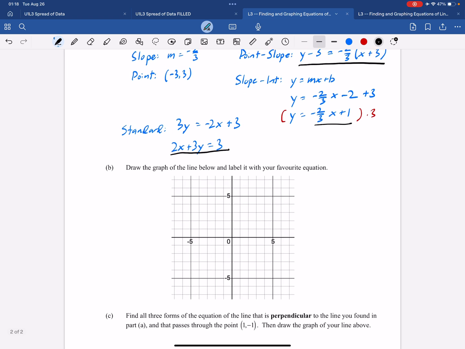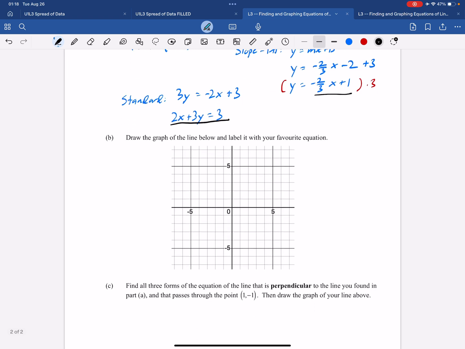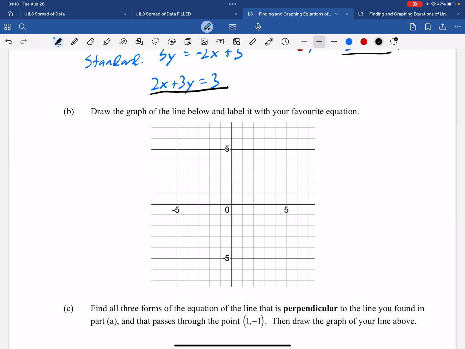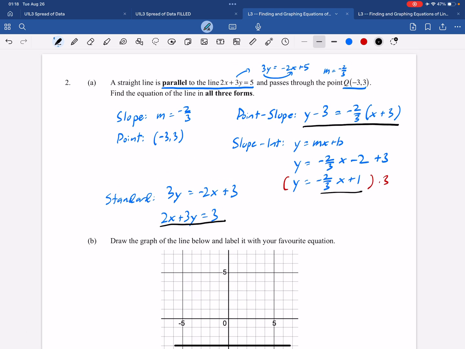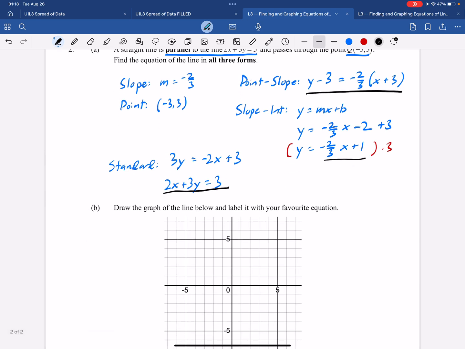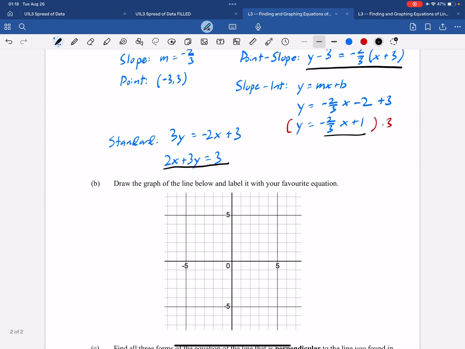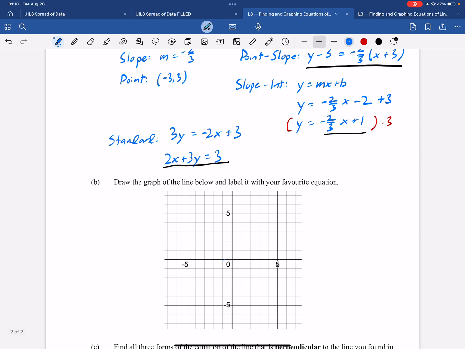So now we have to draw the graph of the line below and label it with your favorite equation. So it goes through negative 3, 3. 1, 2, 3, 1, 2, 3.